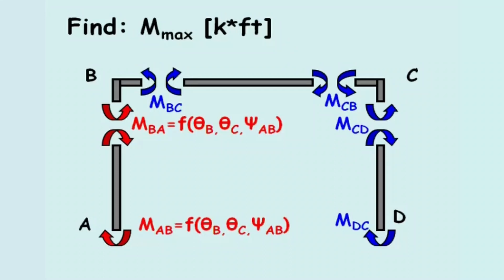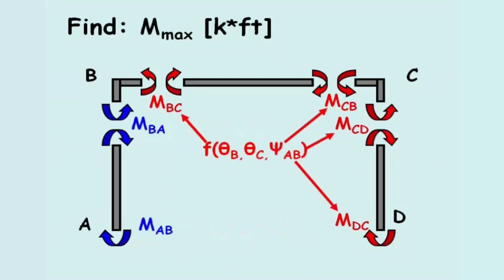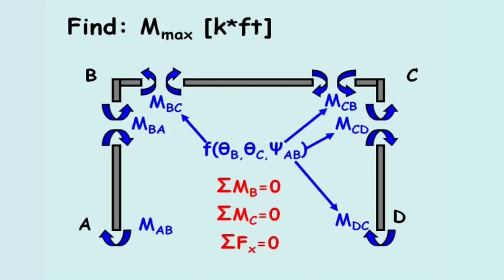Next, we'll determine moments BC, CB, CD, and DC in terms of theta B, theta C, and psi AB. Then we'll use the equations of force and moment equilibrium to solve for these three variables, and ultimately for the moments and forces in the structure.